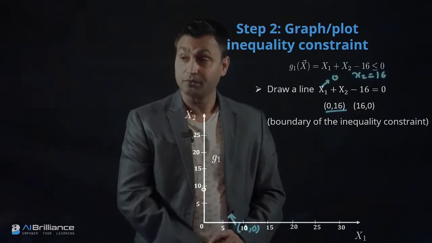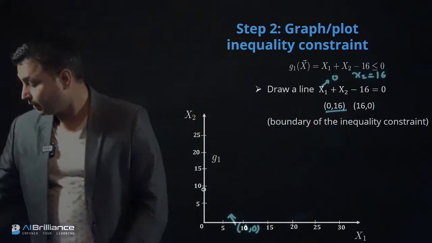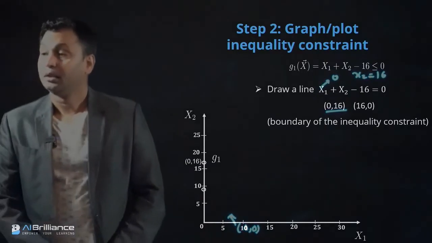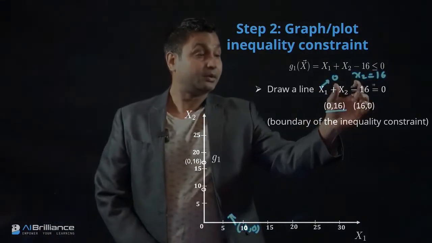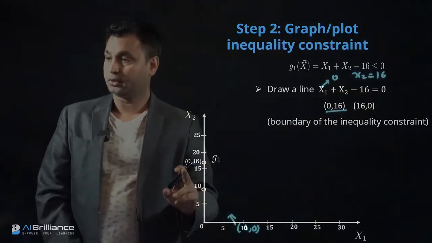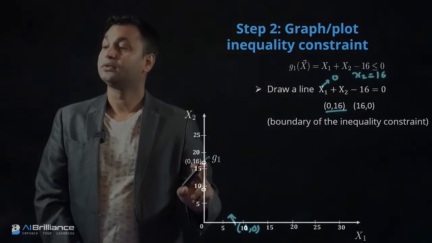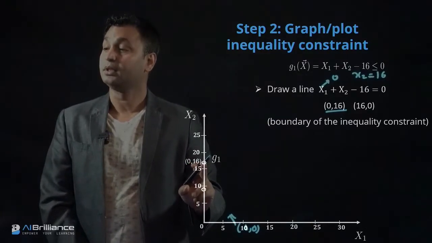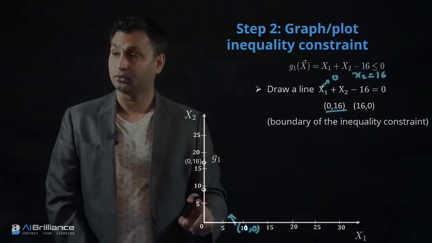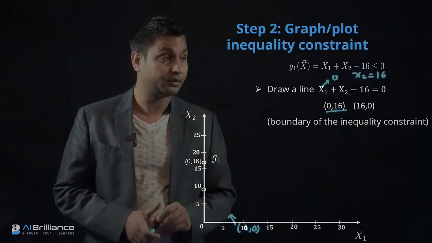We will plot it and find where (0, 16) lies on our plot. You can see we now have (0, 16) as the first point on this overall plot, and that is the first thing we will do.